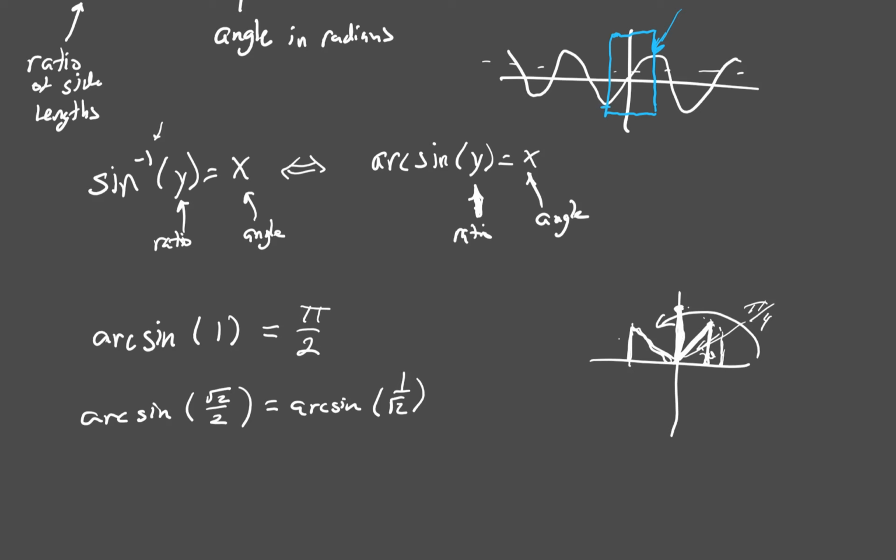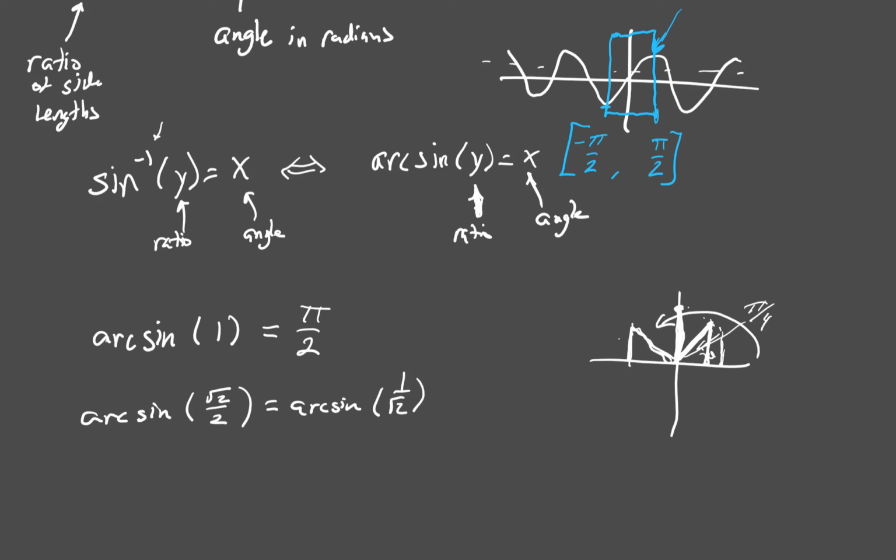The sine function, I'm going to start at negative pi over 2, and I'm going to end at pi over 2. And if I use that interval, the sine function would be 1 to 1 on that interval, right? Any horizontal line that crosses through this blue box crosses the sine function at most one time.